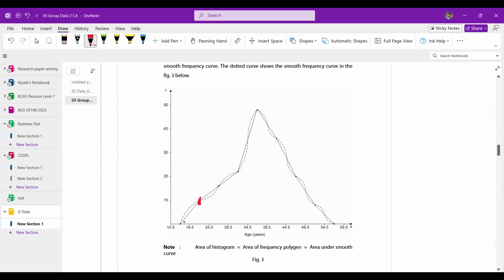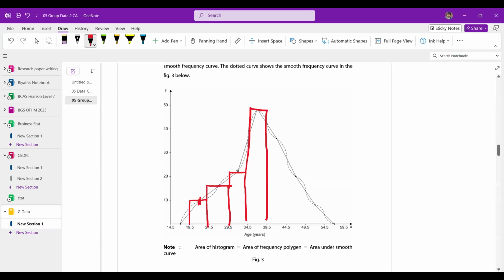So this is a midpoint actually. It was like this. Now we connect these points.